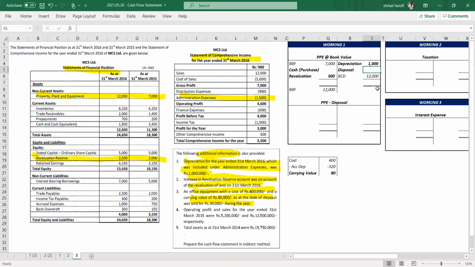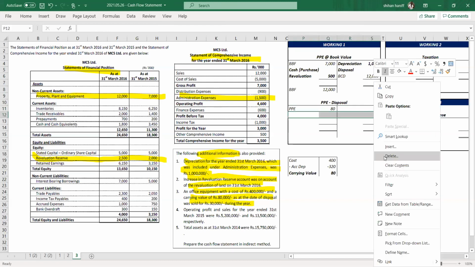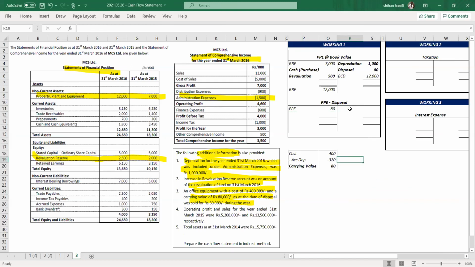So we transfer the carrying value 80. 80 will be transferred to the disposal account. And the sales proceeds, how much are we selling at? We are selling at 30.